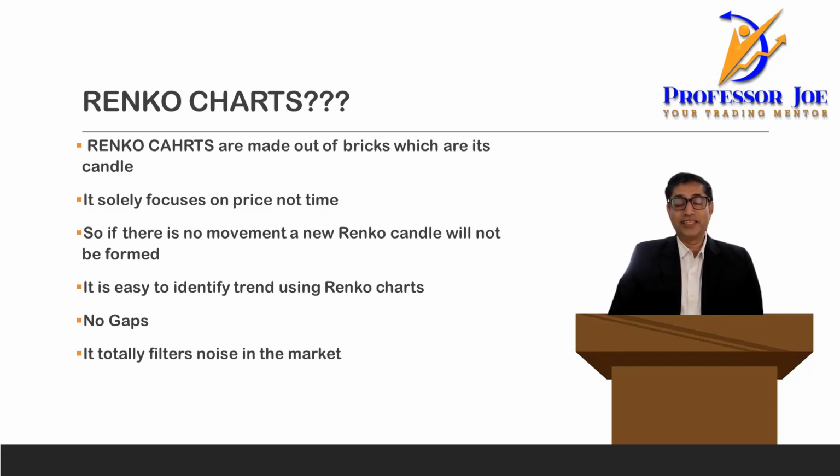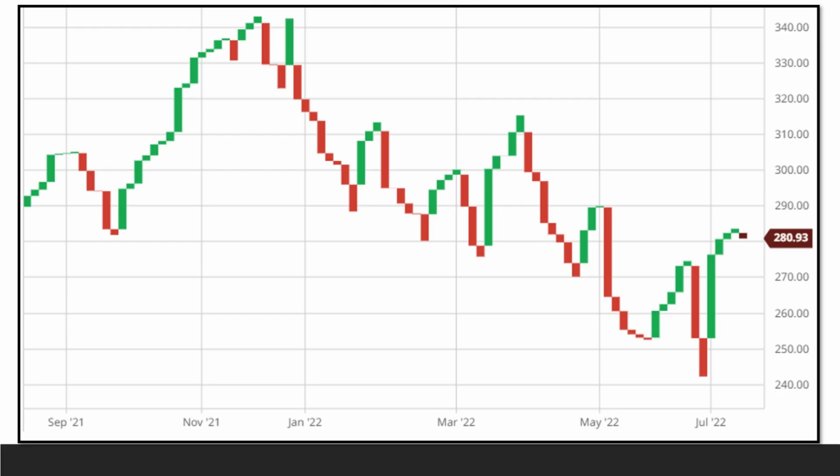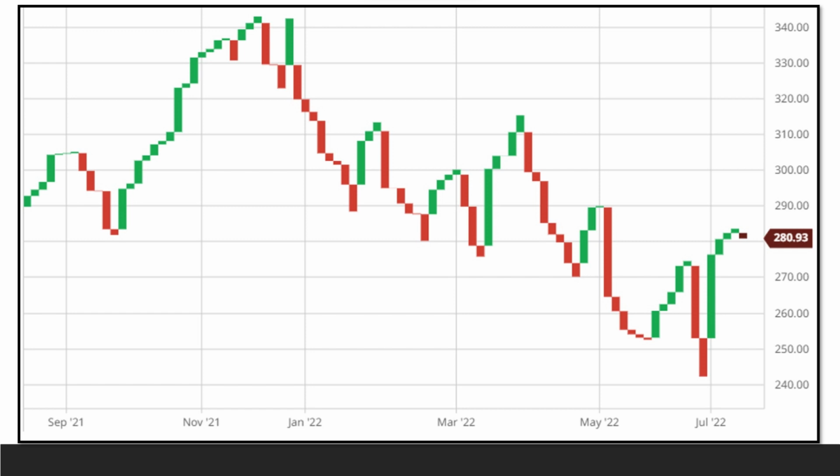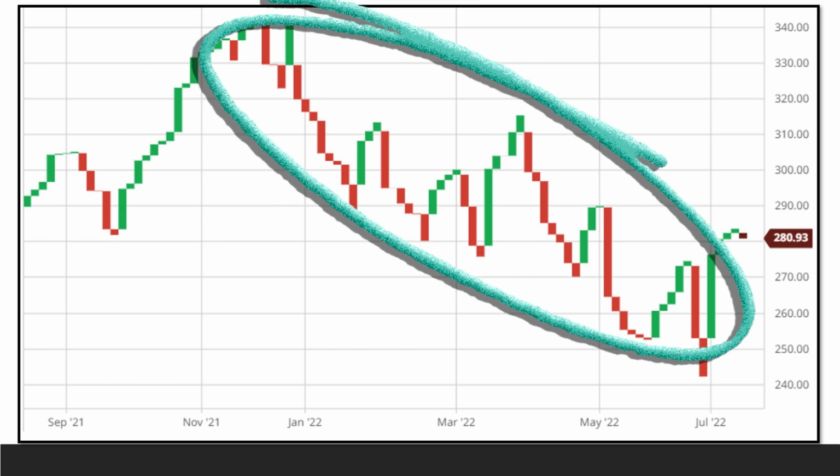Let us look at the next type of chart, the line break chart, and this is how a line break chart looks like. Let us look at some of the key features of the line break chart. Line break charts also look at specific price movements to draw a new line. The price movement is called a line break or a line box size.